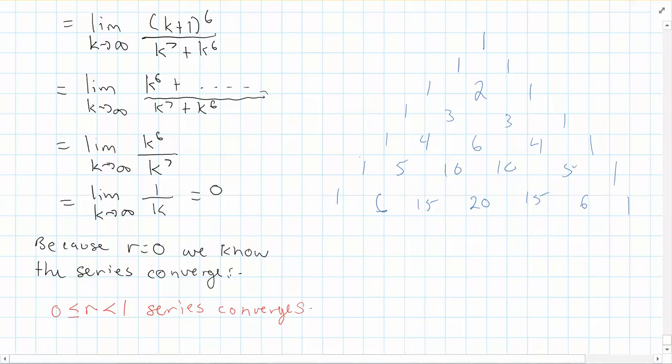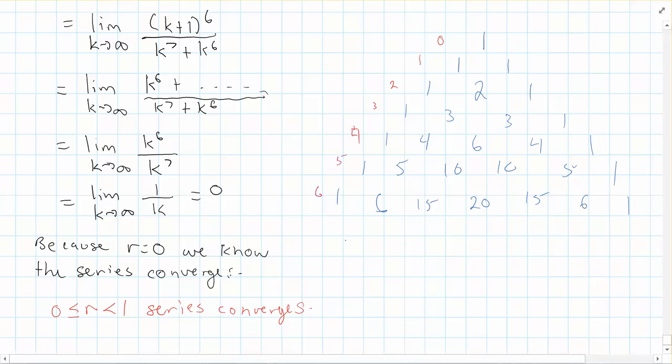If you look at the different levels, this would be exponent 0, then exponent 1, 2, 3, 4, 5, and then 6.